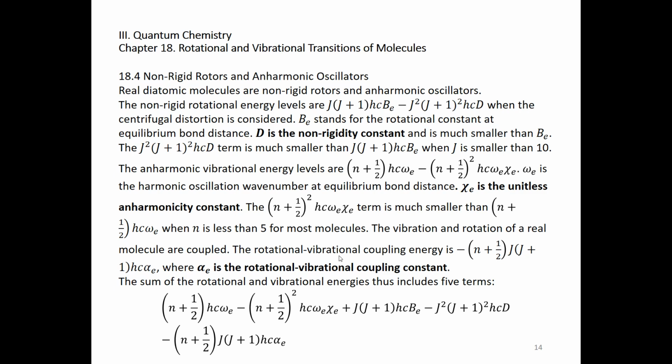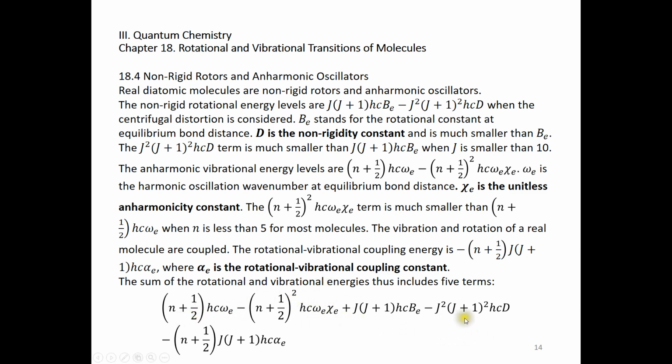So that's why rotation and vibration are coupled for a real molecule. This correction is a negative correction, and we have all 5 terms written over here as the sum of the rotational and vibrational energies of a real molecule.